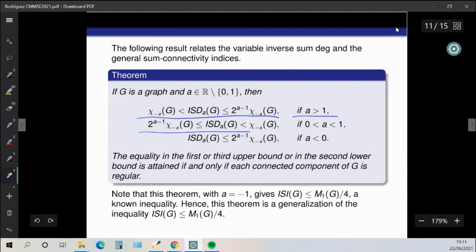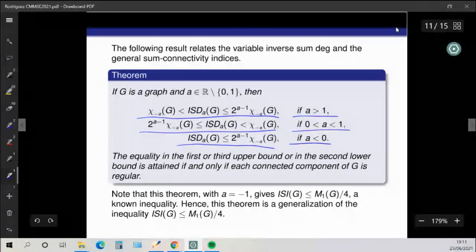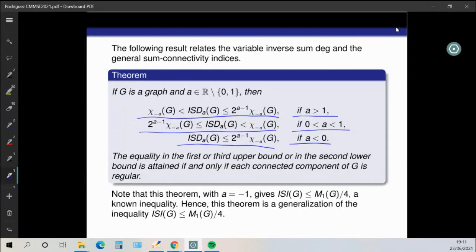We have these inequalities if a belongs to the interval (0, 1). And if a is a negative number, we have this inequality. Furthermore, the equality in several of these bounds is attained if and only if each connected component of the graph is regular.